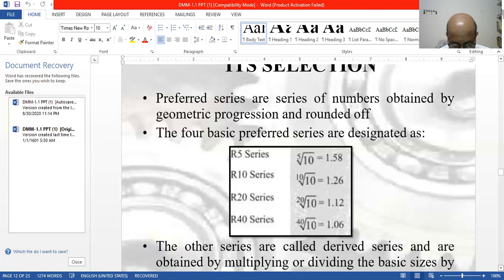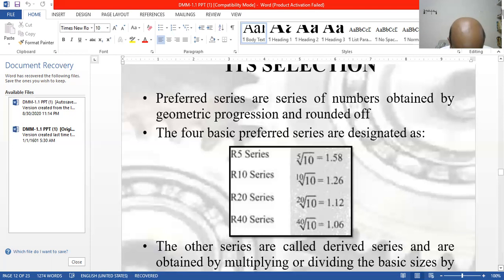And the R20 series: 1.00, 1.12, 1.25, 1.40, 1.60, 1.80, 2.00, 2.24, 2.50, 2.80, 3.15, 3.55, 4.00, 4.50, 5.00, 5.60, 6.30, 7.10, 8.00, 9.00, 10.00. So these are the different sizes of different things.